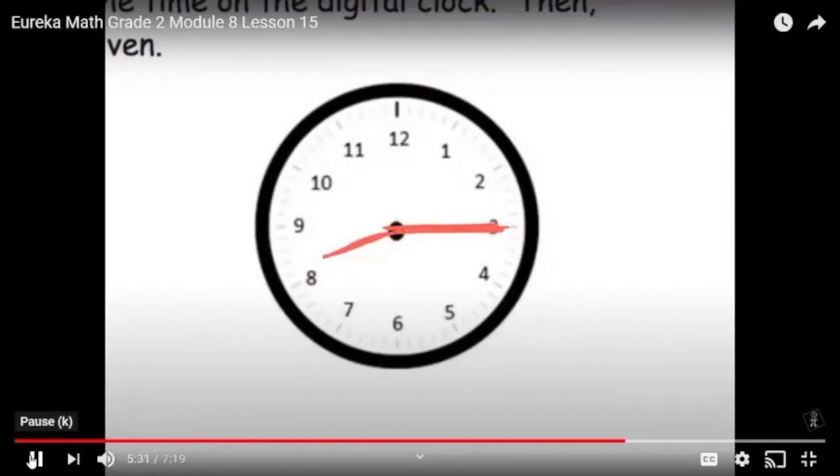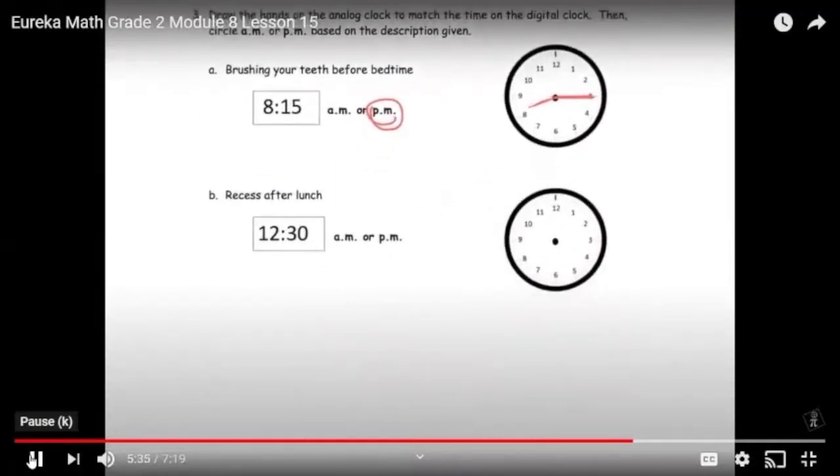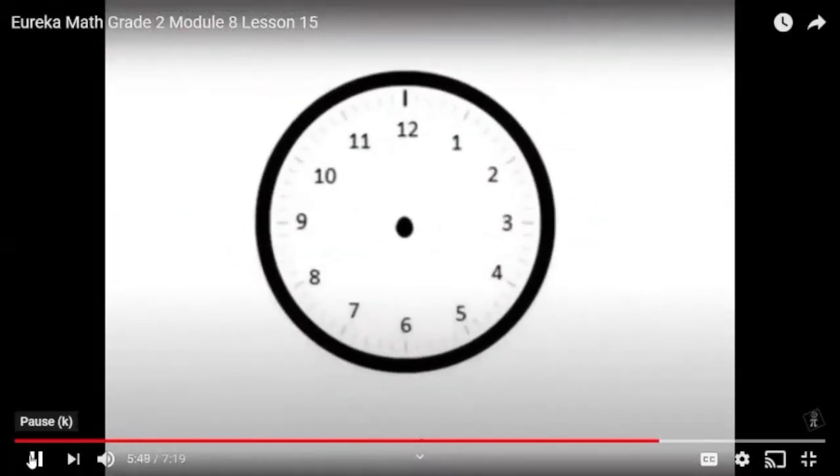So that's 8:15. And again, recess after lunch. So the fact that it's saying after lunch makes it a PM activity. So 12:30 p.m. So if we want to do 12:30, well, we know our minute hand is going to go down to the 6.